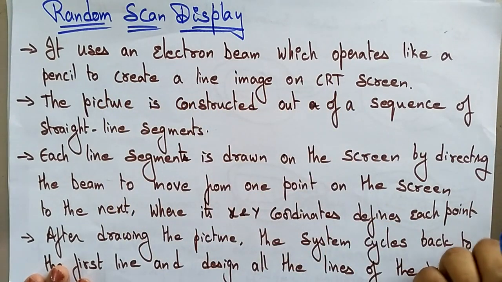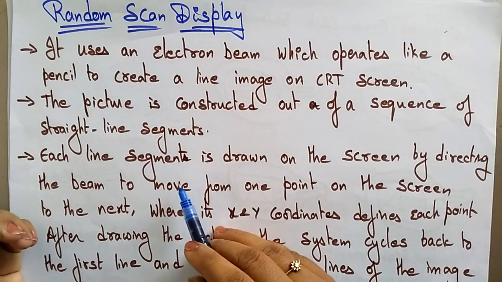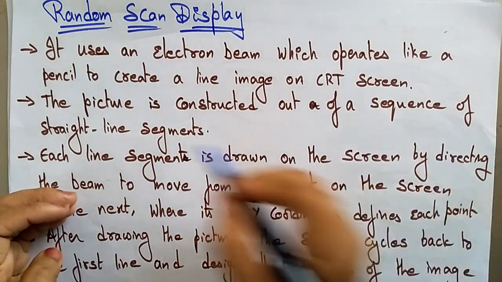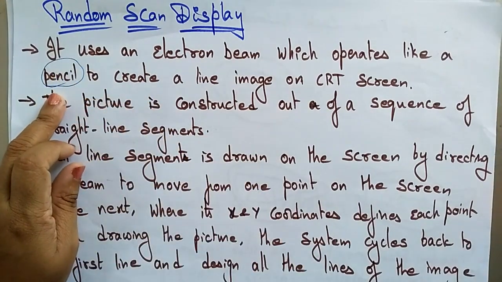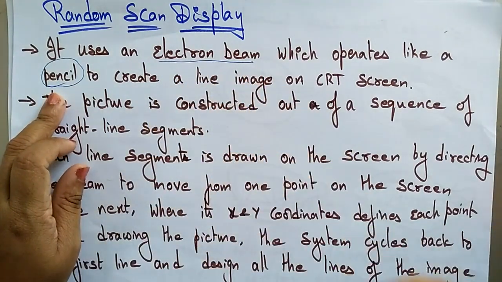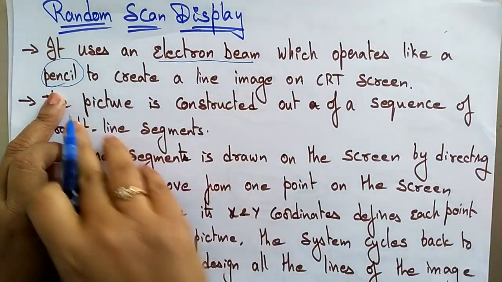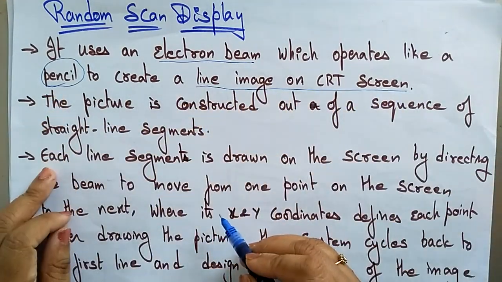The screen is the same for almost all the display devices, the CRT screen we are using. But in this random scan, we use one technique, that is a pencil. So it operates like a pencil, the electron beam creating a line image on the CRT screen.